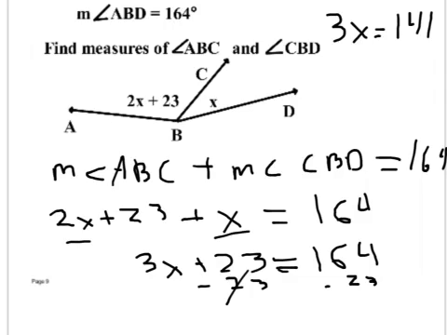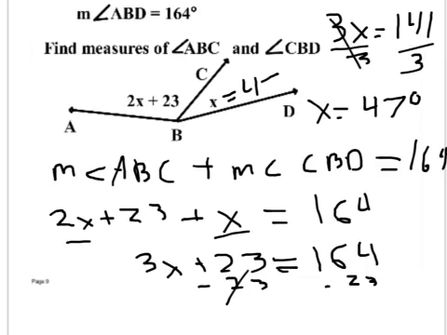141, what are we supposed to do? Divide it by 3. X equals 47 degrees. Am I done? No, I found the measure of CBD, right? It's 47. But what's the measure of angle ABC? How do we find that?